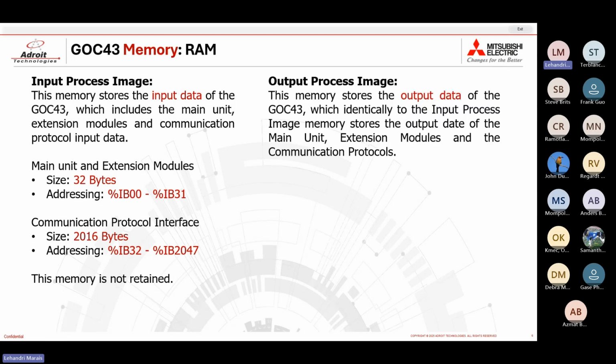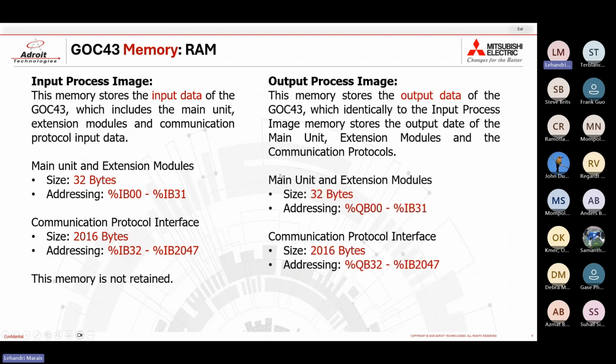The output process image memory, as mentioned, is the output data of the GOC, which, identically to the input process image memory, stores both your output data of the main unit and extension module, as well as your communication protocols.